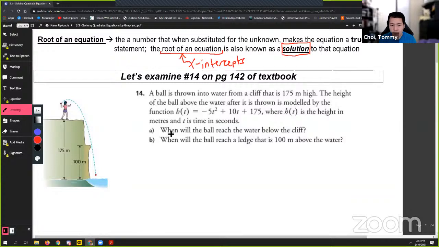So 14a, when will the ball reach the water below the cliff? And part B is when will the ball reach a ledge that is 100 meters above the water?